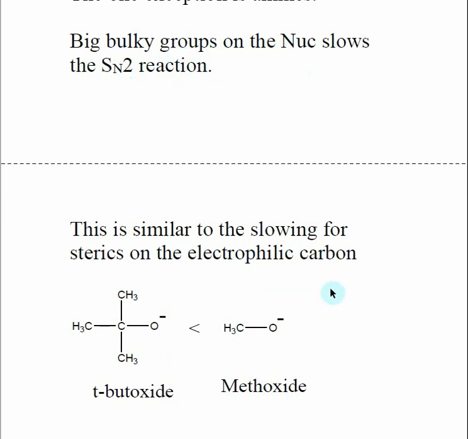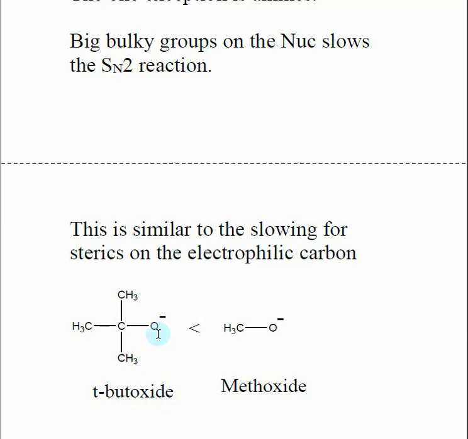I'm going to introduce it to you now, and then we'll come back later and see it in actual use. I'm introducing this molecule called t-butoxide, and it is an alkoxide. Remember, an alkoxide is a deprotonated alcohol, lone pair electrons around, so there are three sets of lone pair electrons and a negative charge. That's an alkoxide.